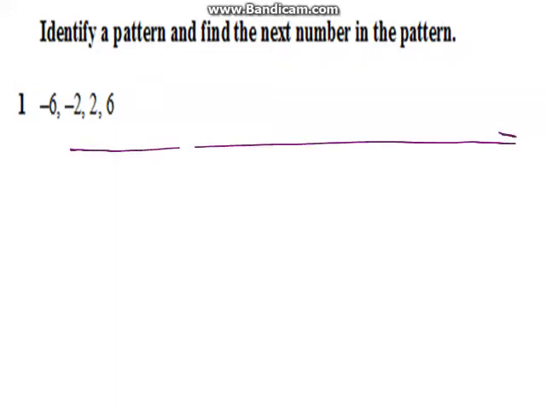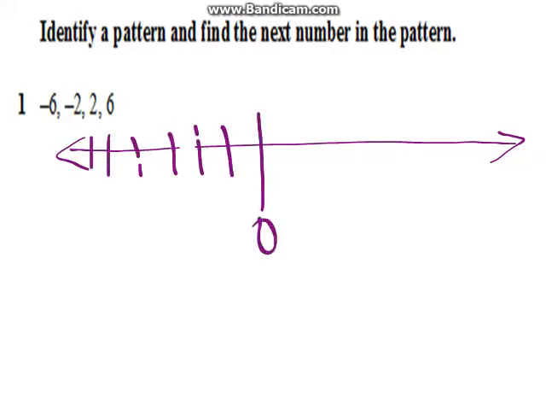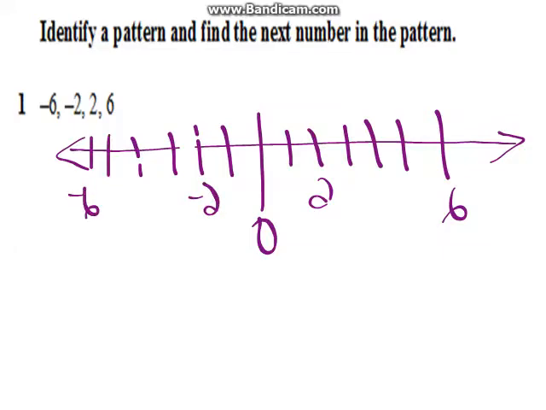So if we were to put these on a number line from -6, and look at how these are moving on the number line, we're going from -6 to -2. We're moving 1, 2, 3, 4 units.